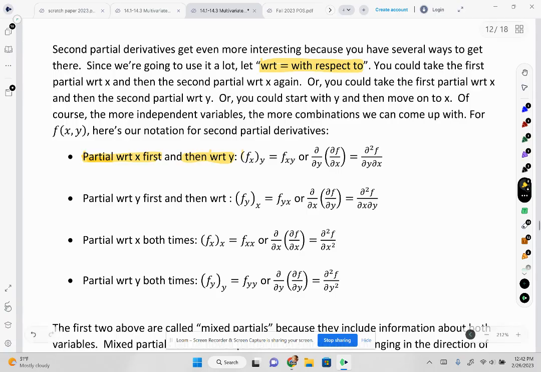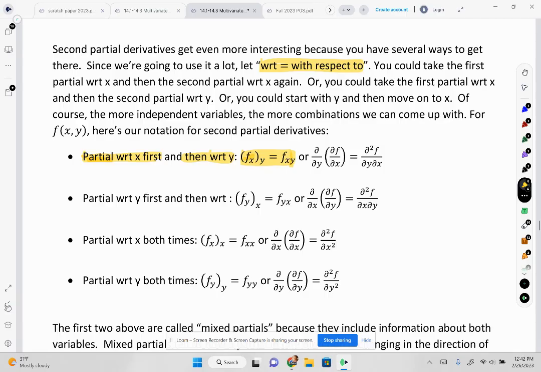In this first notation, we've got f sub x in parentheses, and then the sub y is outside the parentheses. That indicates that the x derivative came first and the y derivative comes second, and then we see that order here in the f sub xy.